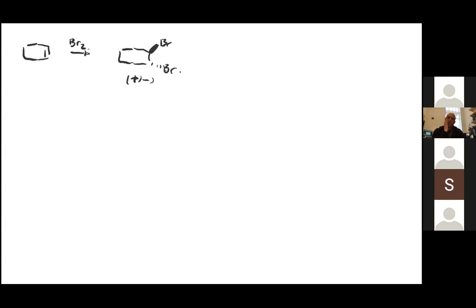A good thing to do here would be to work through this and get yourself to the racemate. But it's formed as a single diastereomer, which is the trans isomer. So the bromines are on the opposite side of the ring. If you had the bromines on the same side, that would be the cis isomer, and we don't get that because of the mechanism.